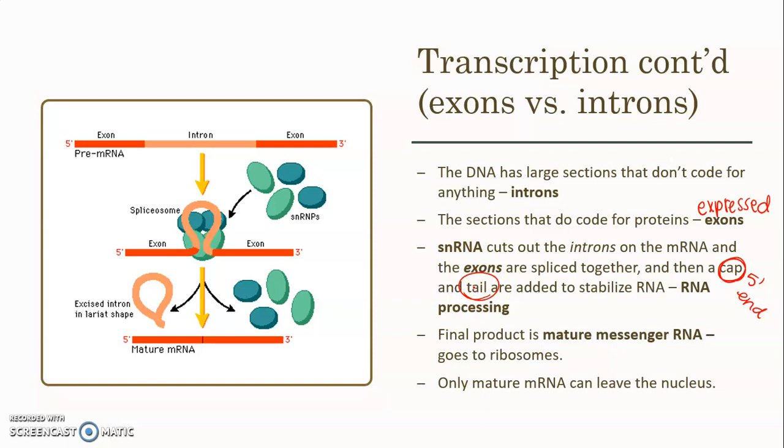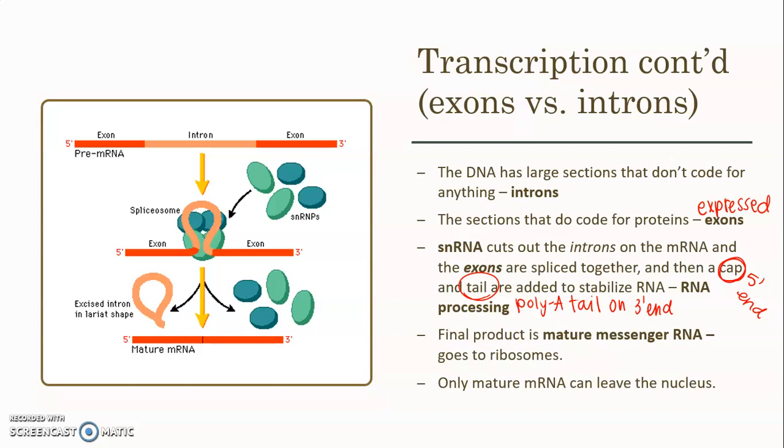It's going to get what we call a poly-A tail on its 3' end. What the heck is a poly-A tail? Poly-A means polyadenines. Poly means many, so it's just a lot of adenines in a row.